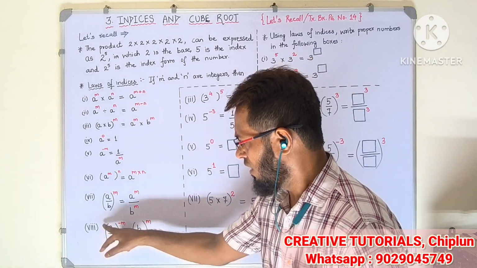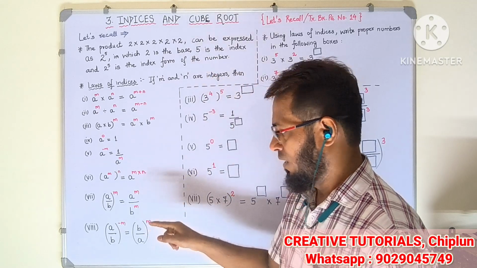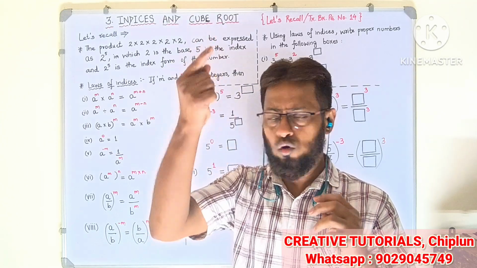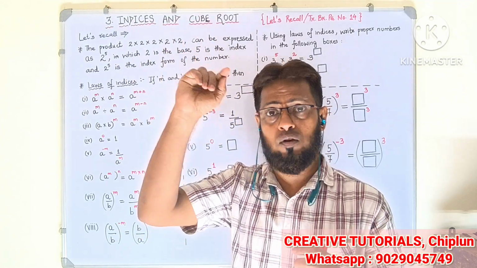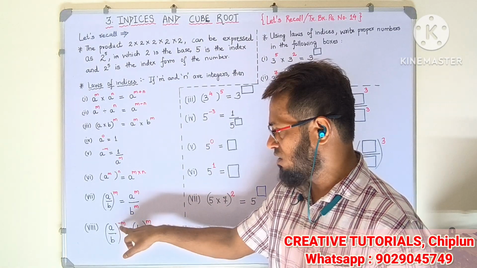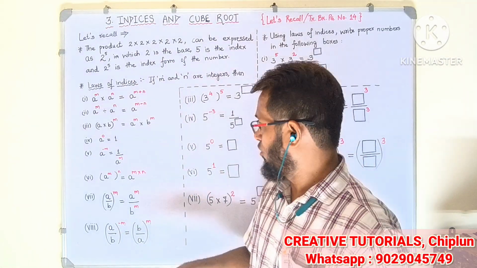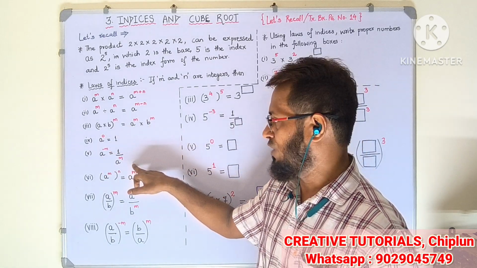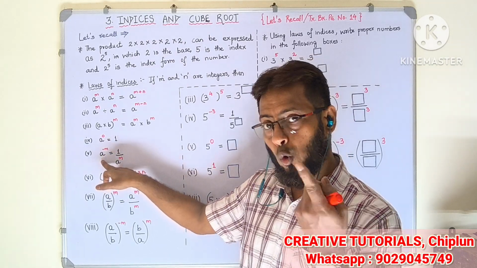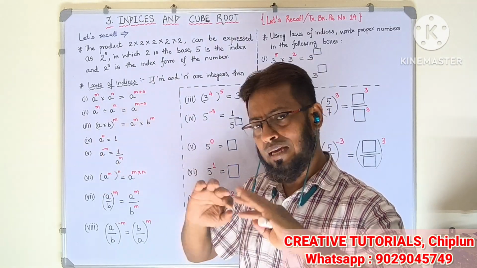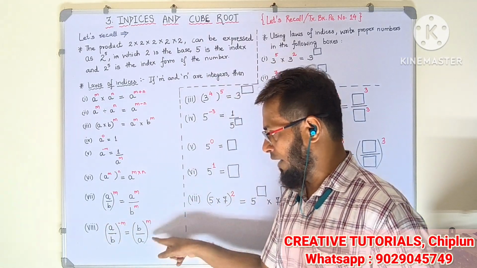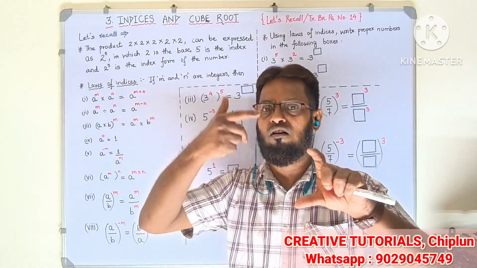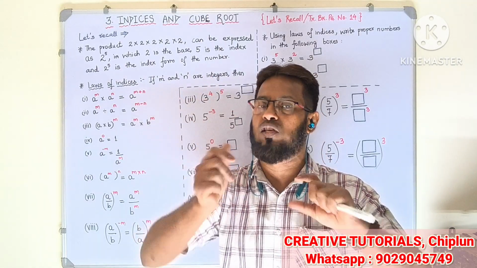Then comes our rule number 8. If a upon b is raised to minus m, so we have a fraction a upon b raised to a negative index or negative power, how will this negative power become positive? If you remember, a raised to minus m became equal to 1 upon a raised to m. That means when we took the reciprocal of a, the power became positive. The same thing will be applied here as well. When we take the reciprocal of the fraction a upon b, its multiplicative inverse is b upon a.